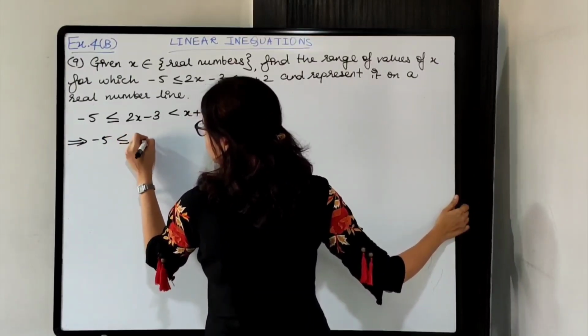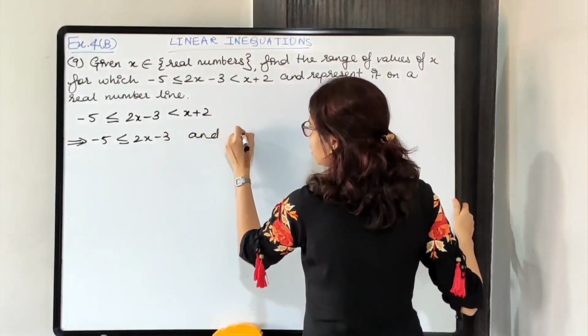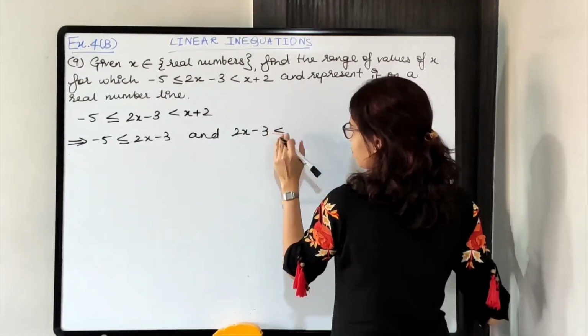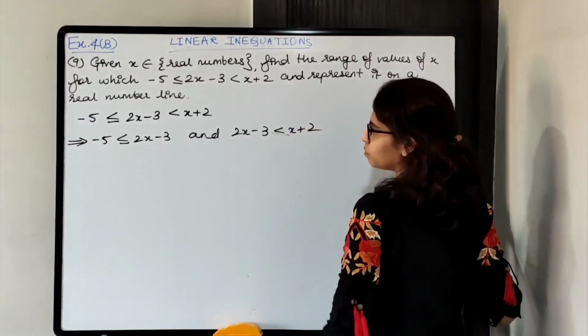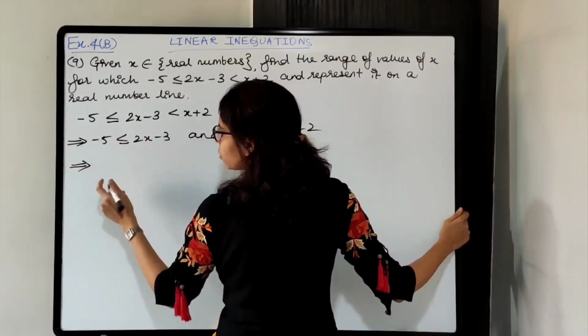-5 is less than or equal to 2x minus 3. ये one part हो गया. And 2x minus 3 is less than ही है x plus 2. So we'll shift the number on the other side.